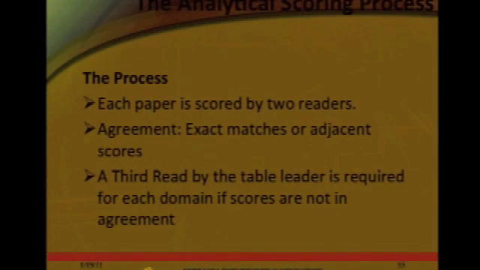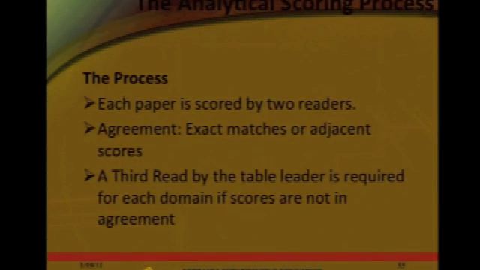What changes this time around is that if we have a paper that's not in agreement, meaning it either matches or is adjacent, then there always is a 3rd reader. And that 3rd reader will be a table leader, and that'll be required for each. And they'll read for each domain if the scores are not in agreement.